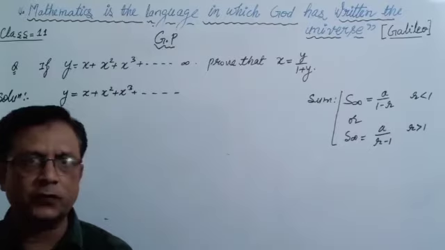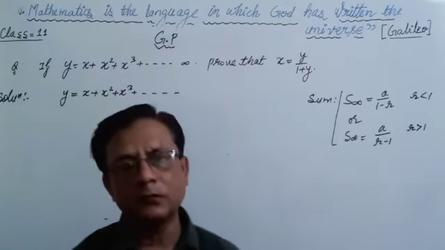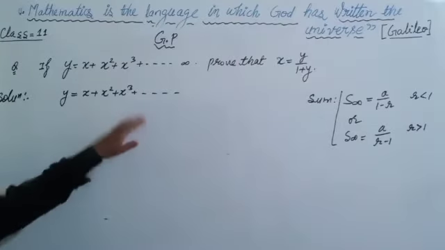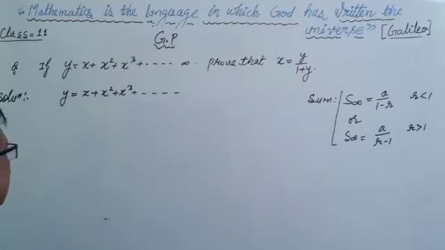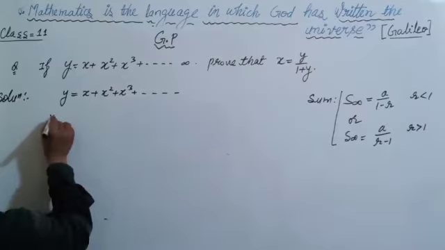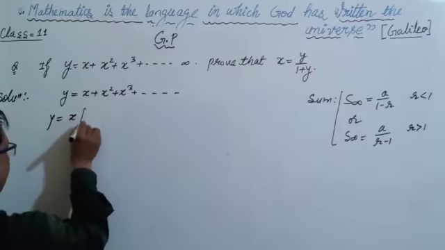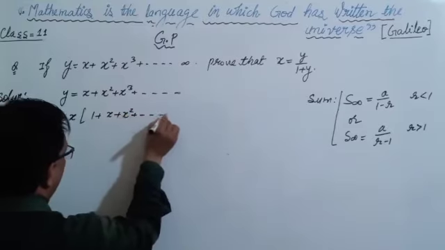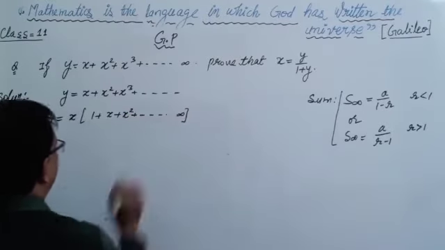If the first term is 1, then the second term is always the common ratio. So first we take x common from the whole series. So here the series is 1 plus x plus x square plus dot dot dot up to infinite.